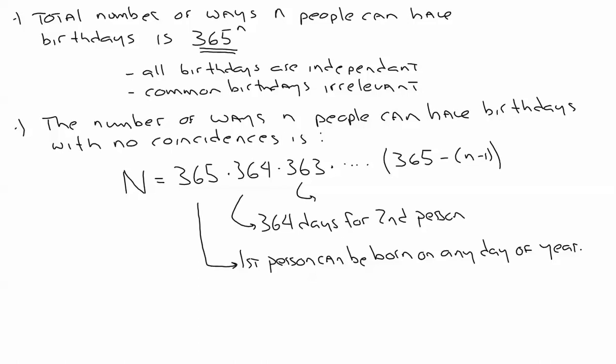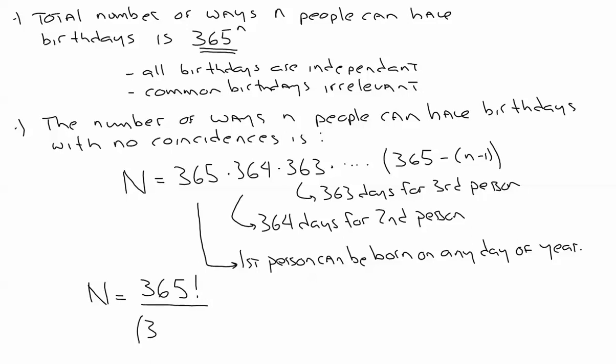And the third person can be born on 363 days. And so on and so on. Capital N tells me the total number of ways that n people, little n people, can have birthdays when there are no coincidences. Written in factorial shorthand notation, capital N can be written this way: 365 factorial divided by 365 minus n factorial.